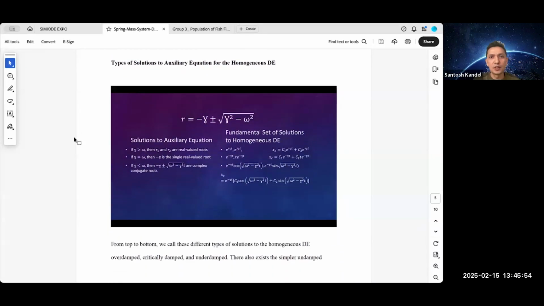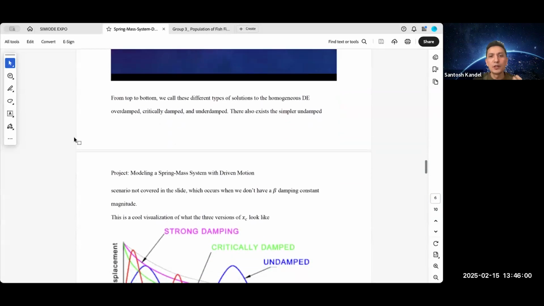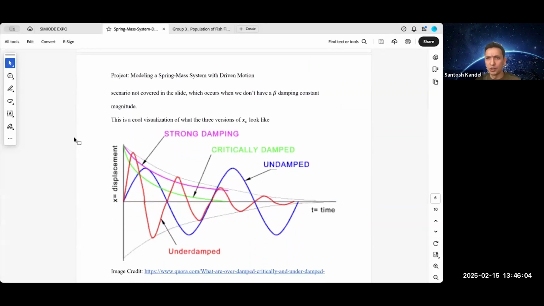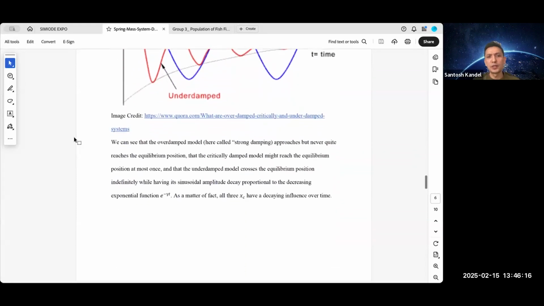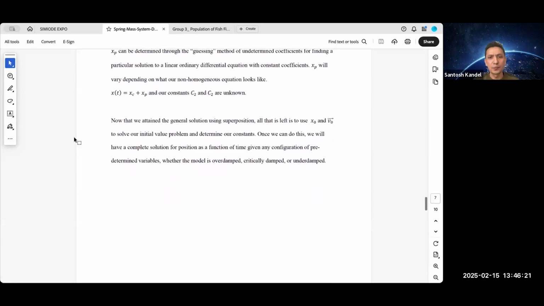The student focuses on solving the homogeneous part of the differential equation, discusses it in a very abstract form, and then talks about the complementary solution, the homogeneous solution, in detail, talking about when it is critically damped, undamped, or strongly damped. Then the student goes on solving the non-homogeneous differential equation.